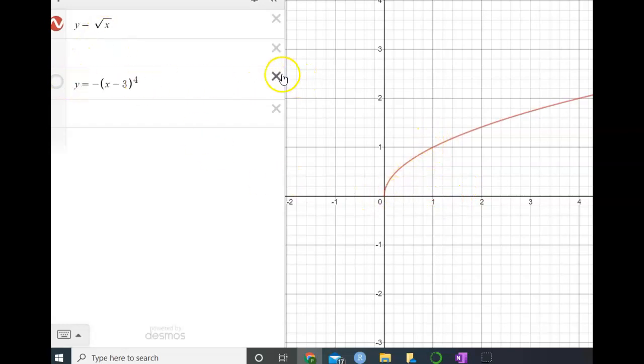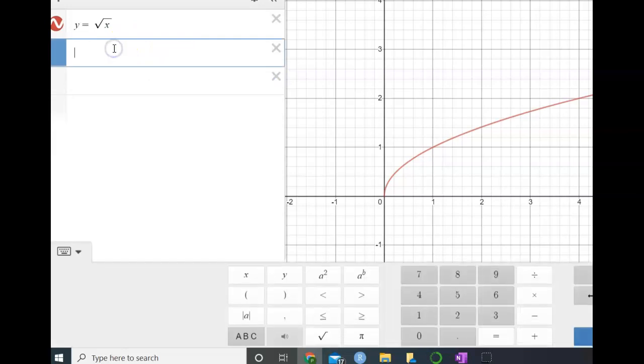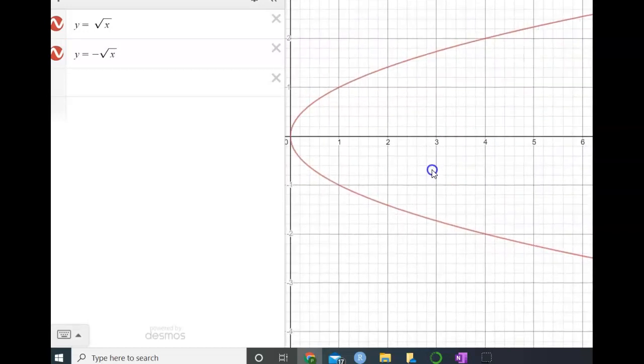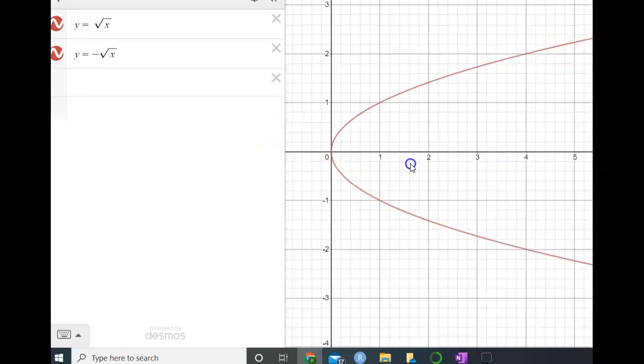Now, let's get rid of this one here, and I want to graph the reflection across the x-axis. We had a negative outside the square root, so I'm going to put a negative and the square root, and then we enter x. You can see the graph right here. I know it kind of looks like a sideways parabola, which they do exist. But let me change the color here.